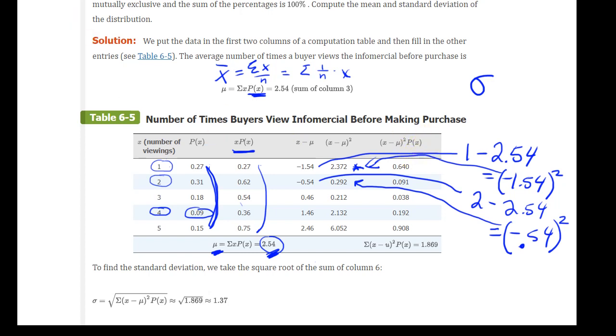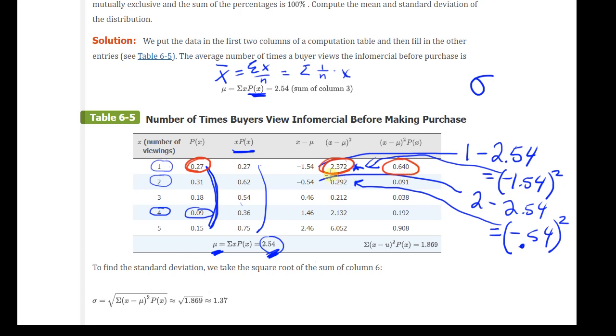So let me use a different color here. So what I'm going to do is take this number and multiply it by the probability of X. So 2.372 times 0.27 is 0.640.